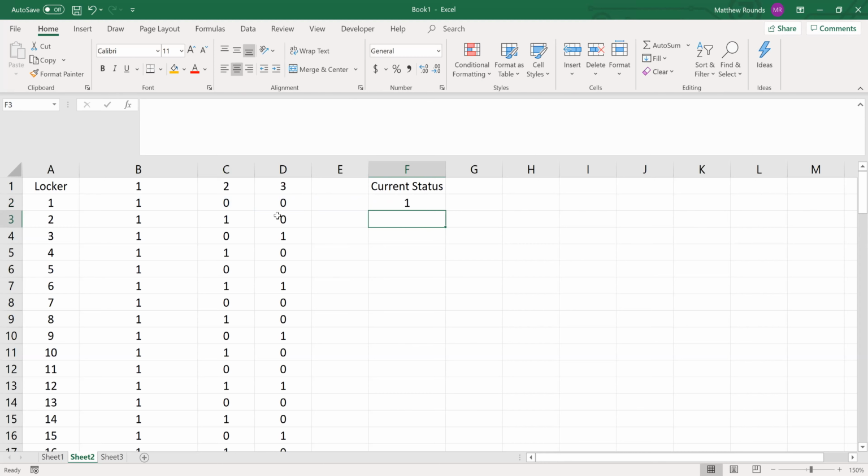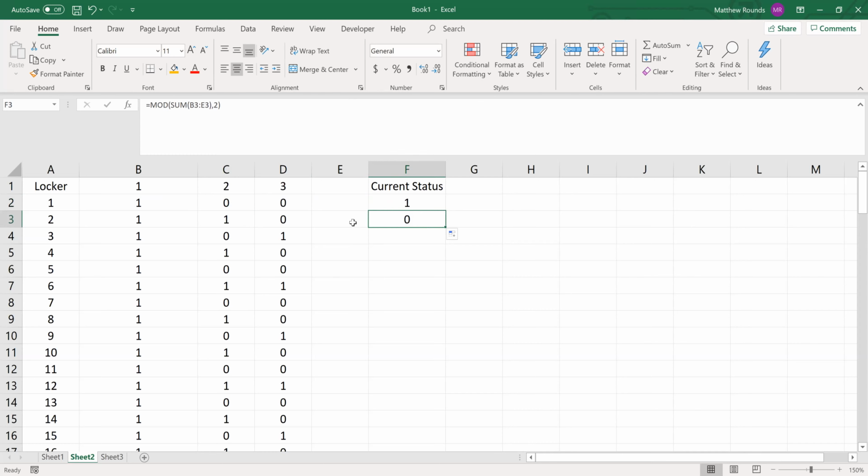After 3 times, is locker number 1 open or is it locked? It was locked, doesn't open, so it stays locked. But let's look at number 2 here. Let me just drag this down. It was locked.